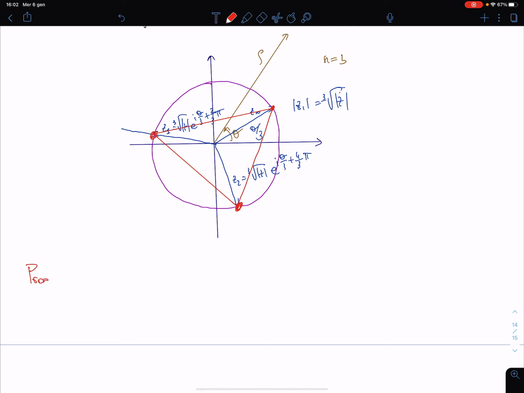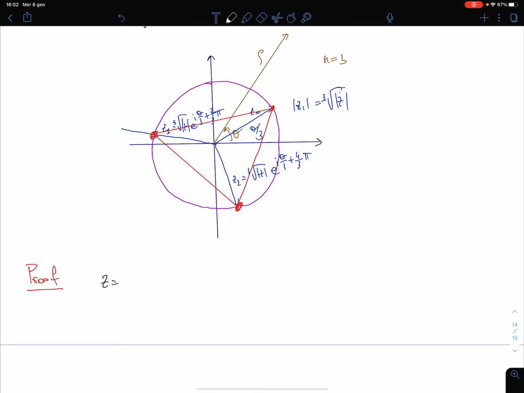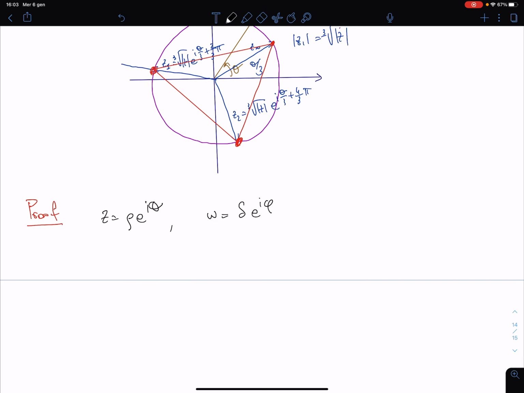The theorem is very easy. Start with z equal to rho e to the i theta, and then w equal to delta e to the i phi. Then by the De Moivre formula, you have that w to the n is equal to delta to the n e to the i n phi.